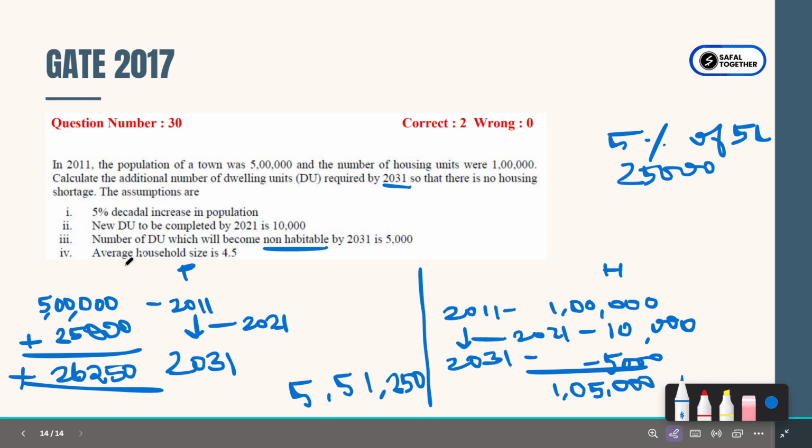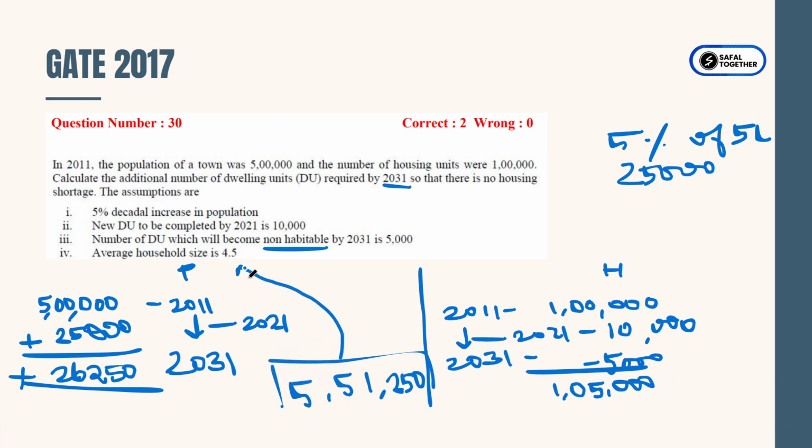The average household size is 4.5, so your population is going to be divided into households. You divide it by the household size. So 5,51,250 divided by 4.5 comes down to 1,22,500.